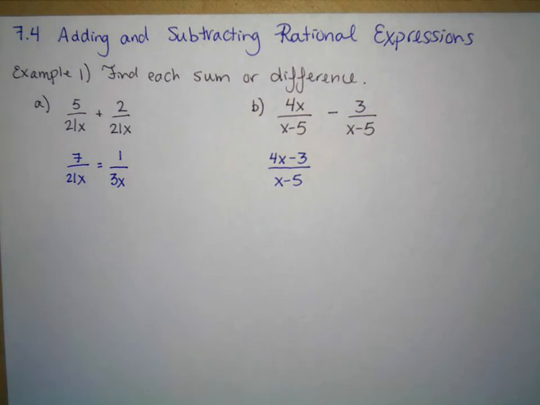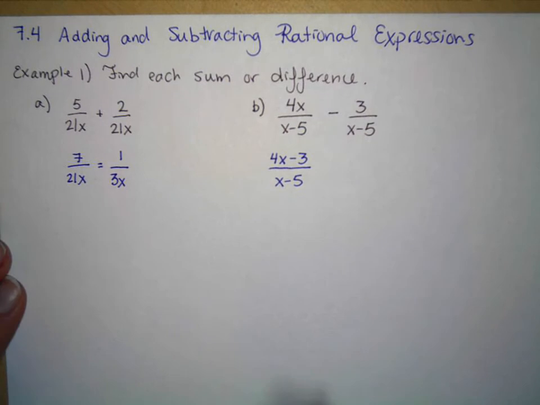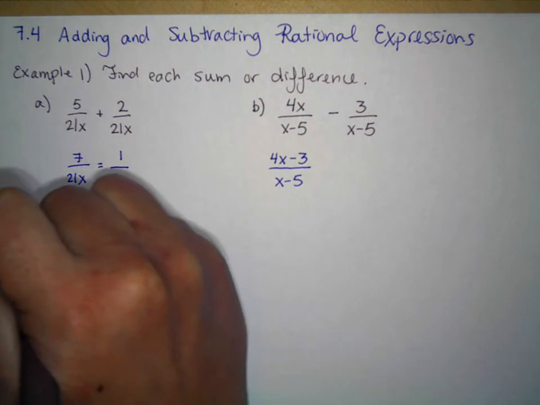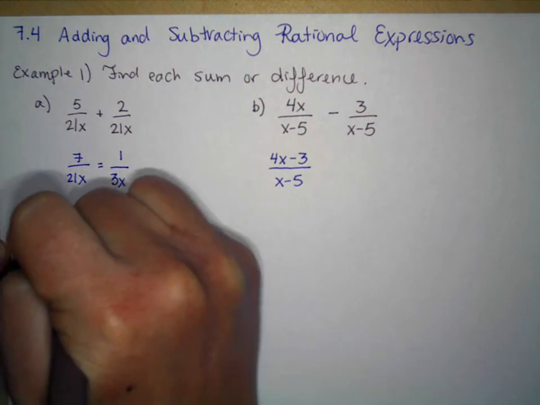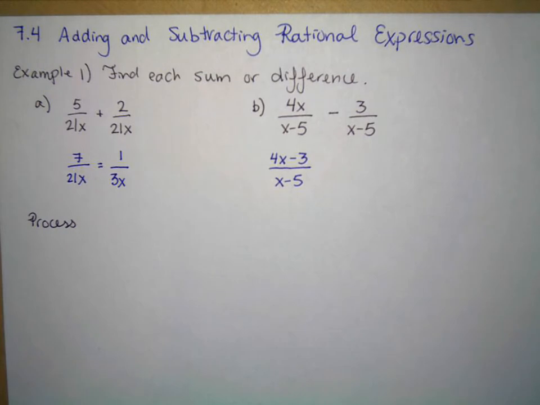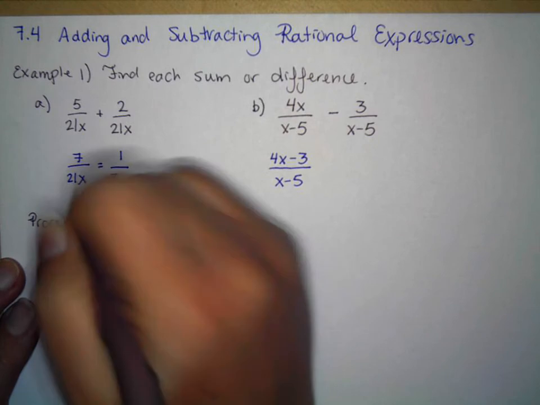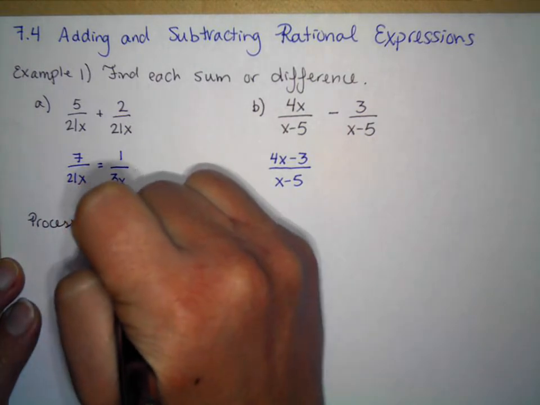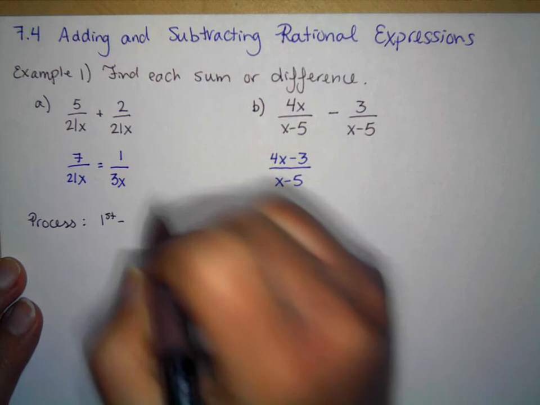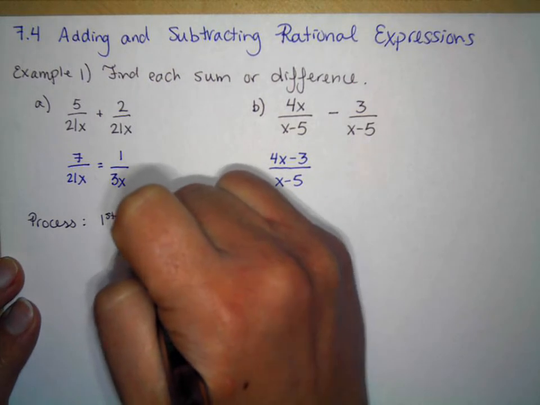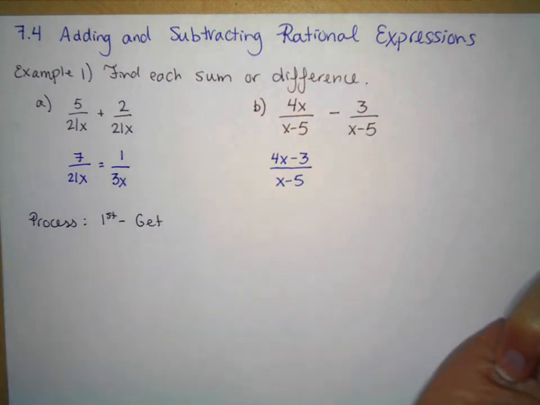If it helps you to have a step-by-step process. Anytime we're finding a sum or difference with rational expressions, the first thing you're going to do is get a common denominator, because they won't all be like example 1 where they already had one.